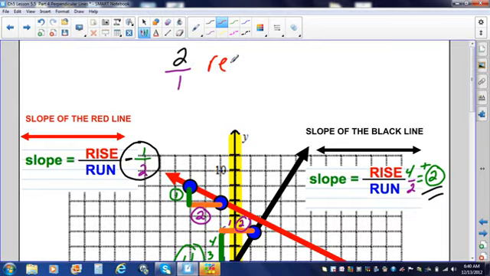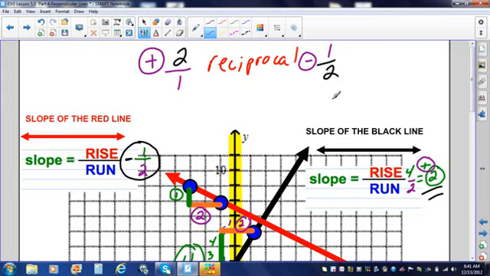The reciprocal of 2 over 1, remember reciprocal means you flip it, so 1 goes to the top, 2 goes to the bottom. Remember the signs are opposite. So for this one, our sign was positive. Remember that was a positive slope. For my red line, my slope was negative.